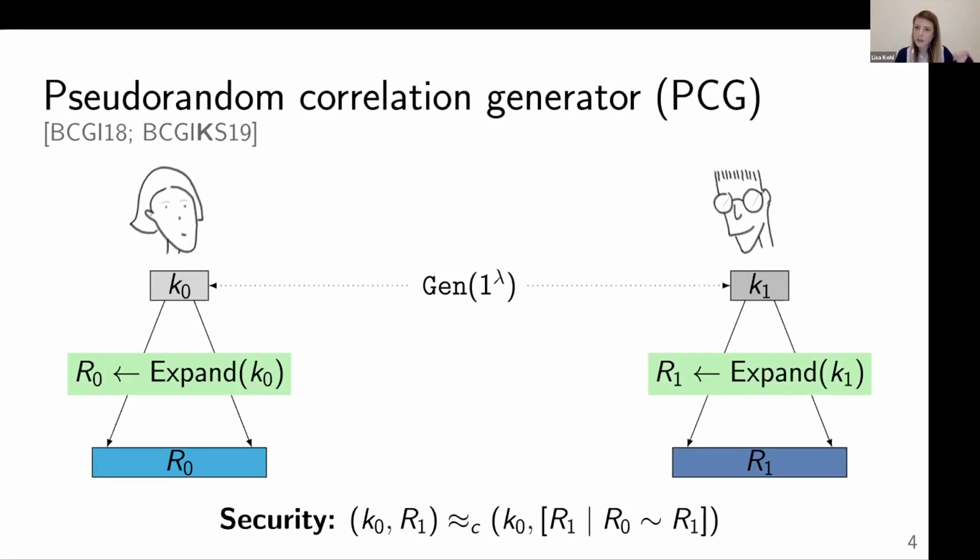So the correlation is fixed, and for that correlation you want the security requirement to hold. You can replace this correlation by something that you can get by the PCG, because the output of the PCG is indistinguishable from something that is just sampled according to this correlation, even from my view. Does this make sense?